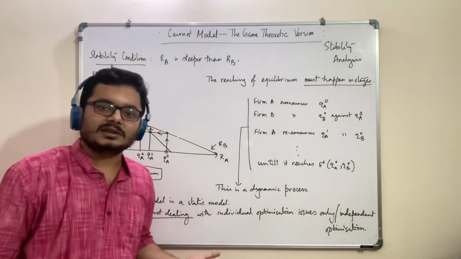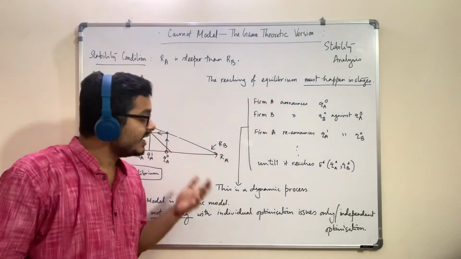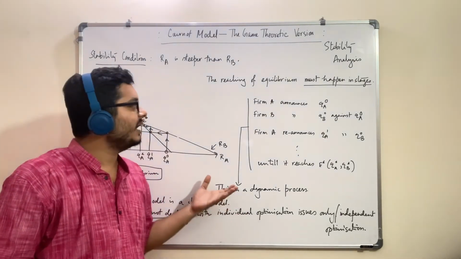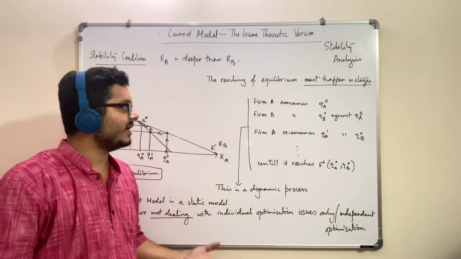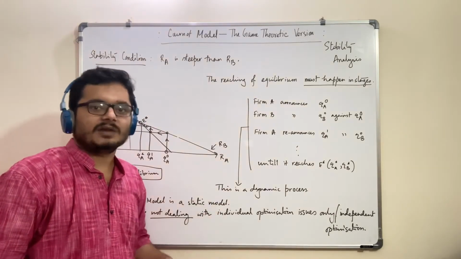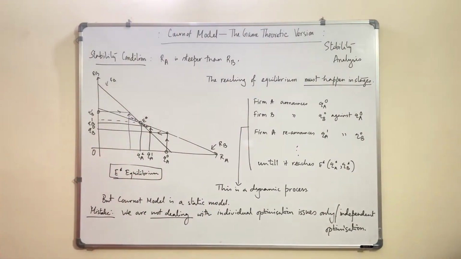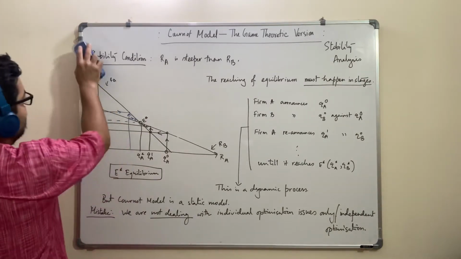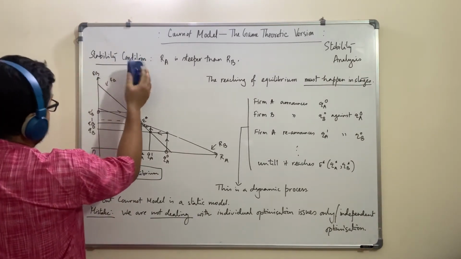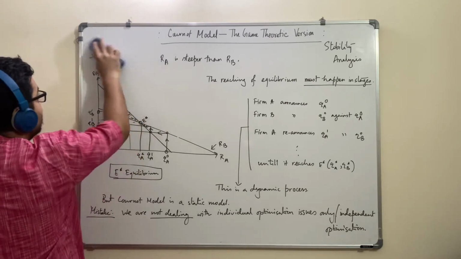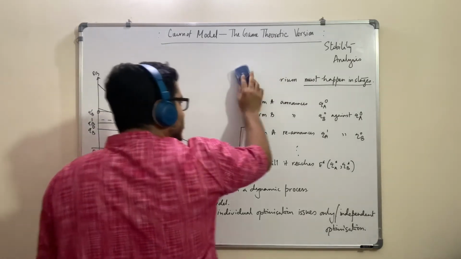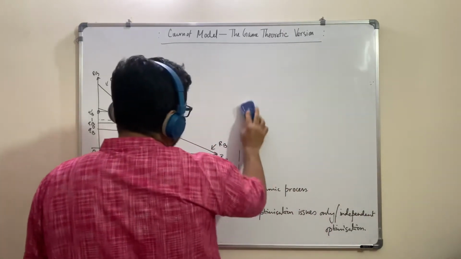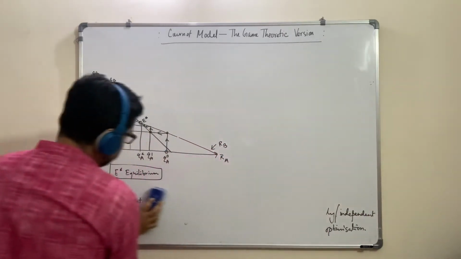Unless we bring this strategic dependence into the individual optimization problem, we are solving it in a wrong way, and this is what brings in game theory. So let's see how it is done using game theory. Obviously, as I said, the stability condition will remain the same. This analysis will change completely.